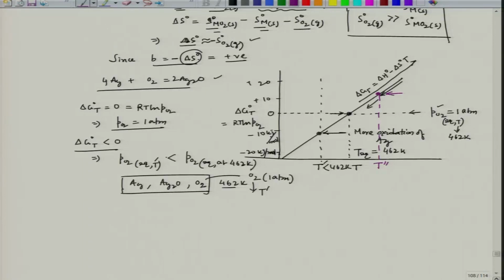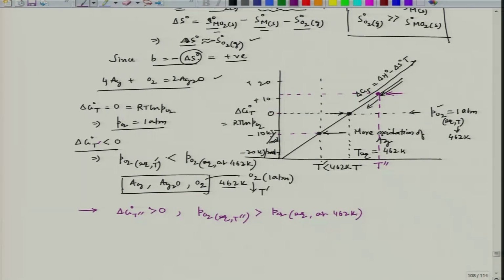At this location, delta G 0 at T double prime is greater than 0, because this is the 0 value and the corresponding value is greater than 0, whereas here the corresponding value was less than 0. So, of course, the equilibrium PO2 at T double prime should be greater than the equilibrium PO2 at 462 Kelvin.